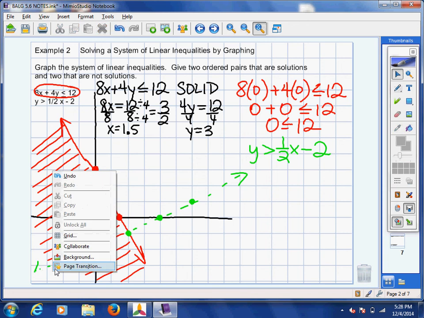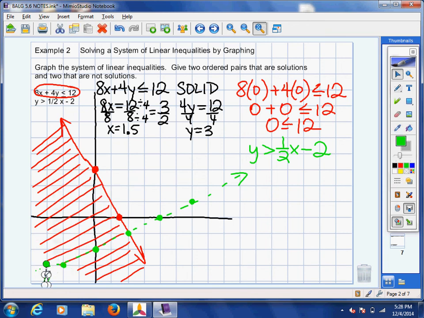So now I've got to figure out which side to shade. That's the most impending thing. So there's 0, 0. Above my green dashed line, that's above it. So I could try 0, 0, and so is 0 bigger than 1/2 times 0 minus 2?